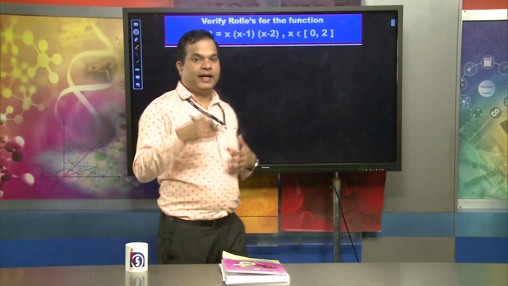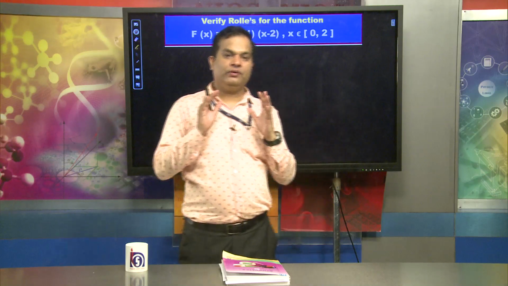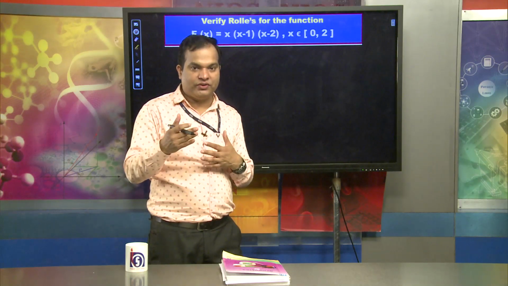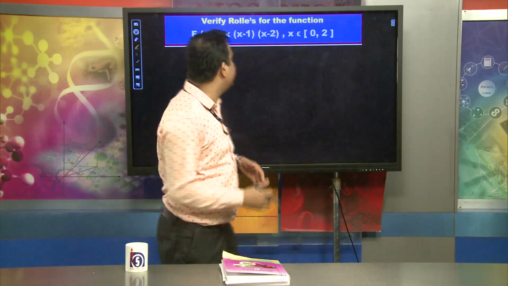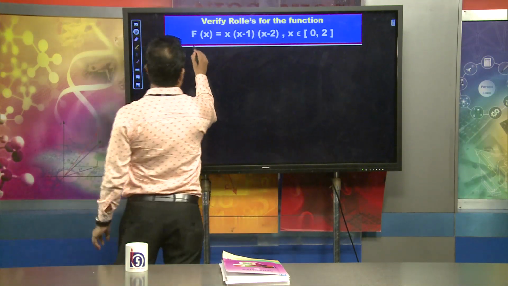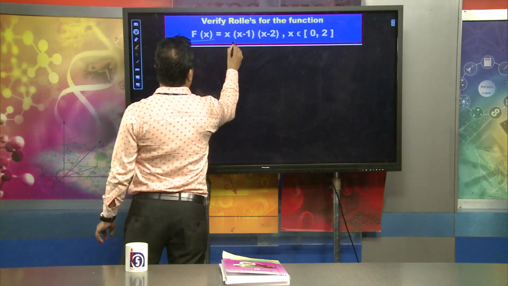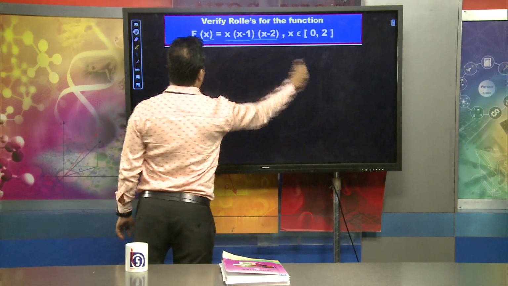Dear learners, take an example and check whether this function satisfies Rolle's theorem. The function is given as f(x) equals x into (x minus 1) into (x minus 2).